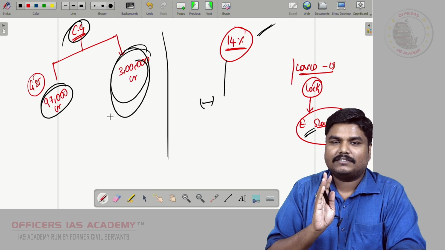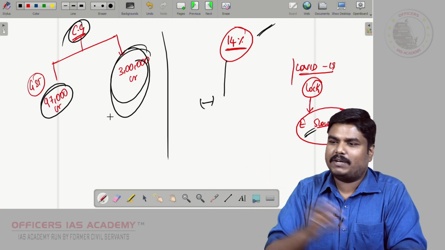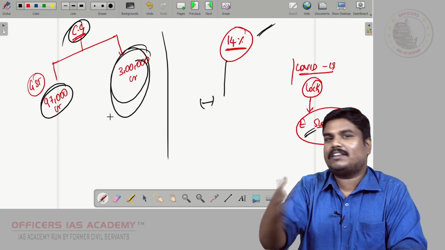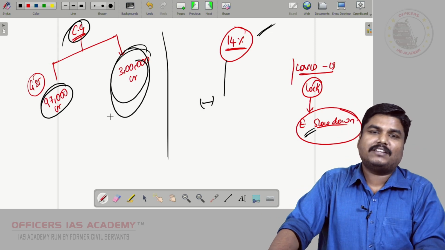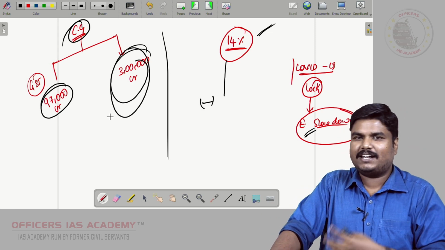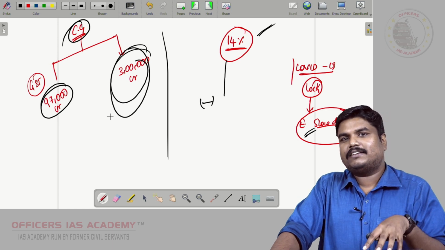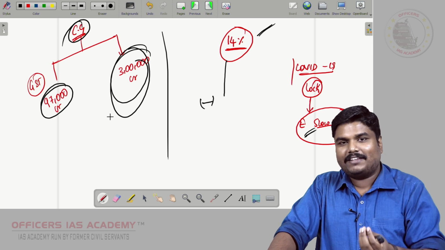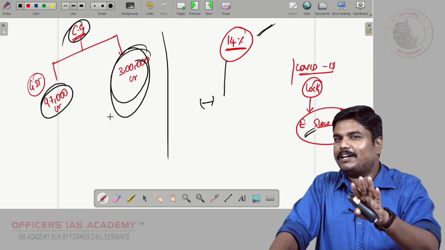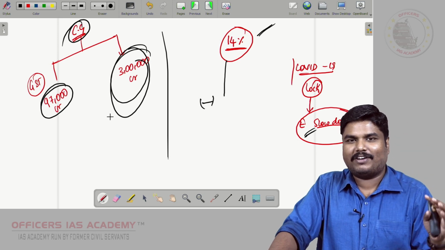However, central government gave some options: you borrow. State government, you borrow, central government will repay. Some 2 options were given, let us not go into that. So, the point here is, because of this economic slowdown, the revenue was falling. The fall in revenue is not purely because of GST alone. Because of GST, some amount was falling.